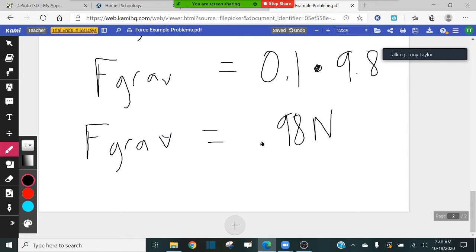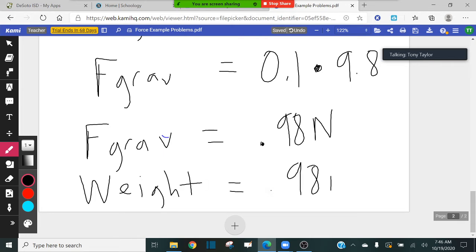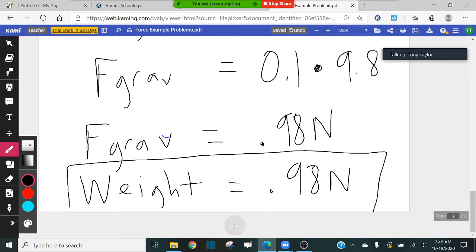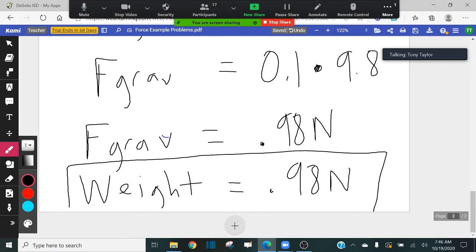Okay. So what this tells us is that the weight of the apple is equal to 0.98 newtons. Because remember, guys, anytime you step on a scale, basically the scale is measuring the force of gravity indirectly. So in other words, weight equals the force of gravity pulling on you, if that logic makes sense.